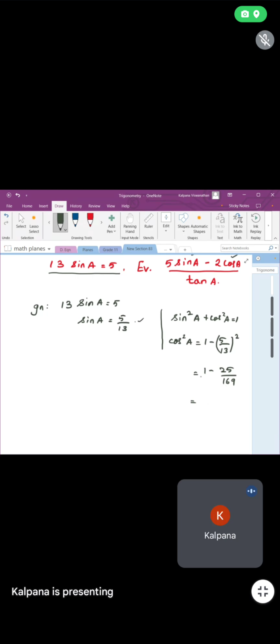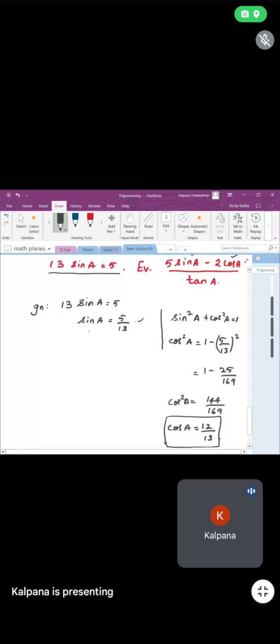Take LCM: 169 minus 25, that is 144 by 169. So this is the square of 12 by 13. So cos A will be 12 upon 13. Okay, we got the value of cos A.